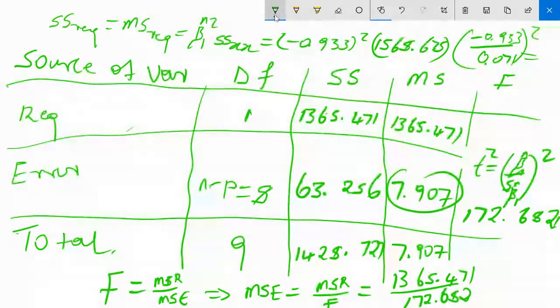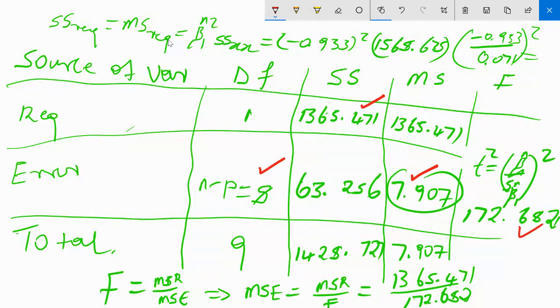And the marks are allocated as follows, before I forget. So in the ANOVA table, there's 1 mark for the degrees of freedom for the error. There's 1 mark for SSREG. SSREG and MSREG is the same, so I mark this. There's 1 mark for MSE, because MSE is very important. You also need it when you construct the ANOVA table.